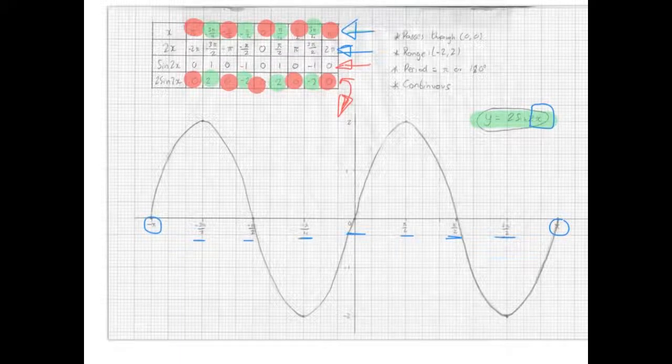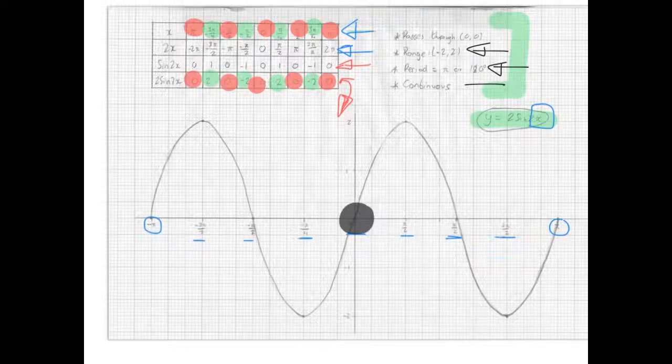And then we just need to look at the various properties of our graph. Since this is a sine, we know it'll definitely pass through 0, 0. And then there are some other key facts to keep in mind. Our range will be from minus 2 to 2. Our period will be pi, or 180 degrees.